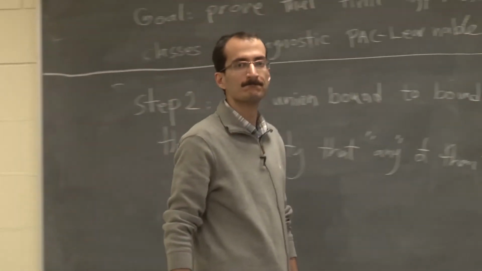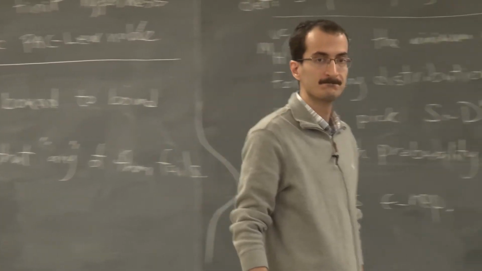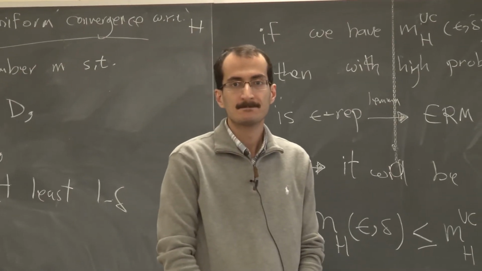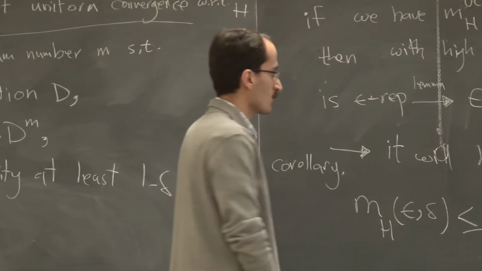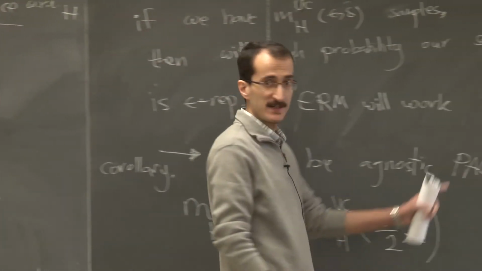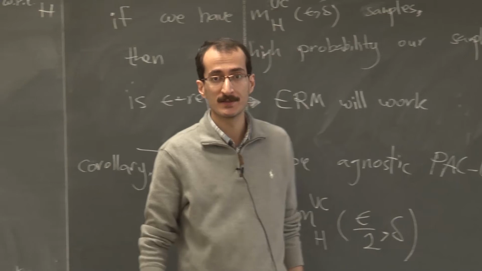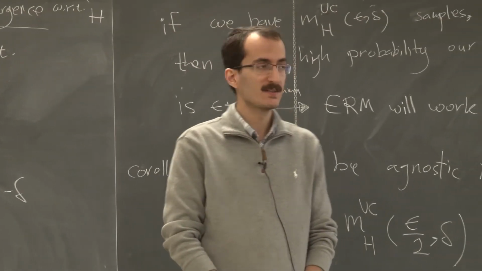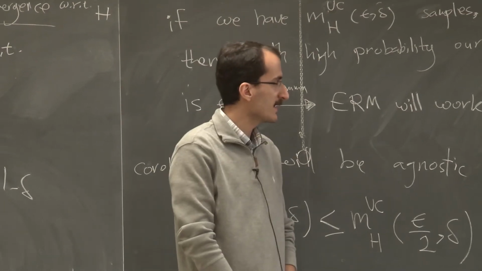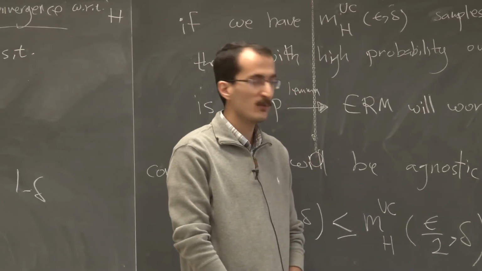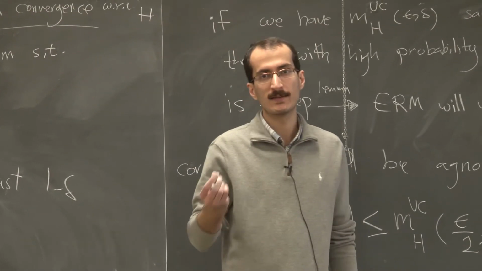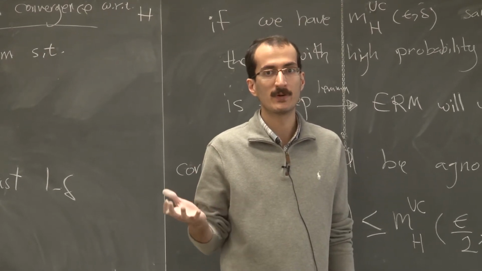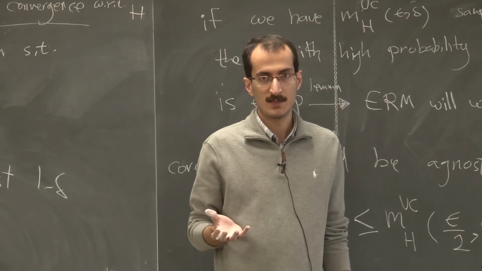Yes? In this proof, do we assume that for every epsilon we can find a sample so that this is epsilon representative, or what do we assume? For the first step or for the general question? General proof, like what do we know about that? So for the general proof, we are trying to say how many samples I need to make sure that my sample is epsilon representative with high probability. That's the question.